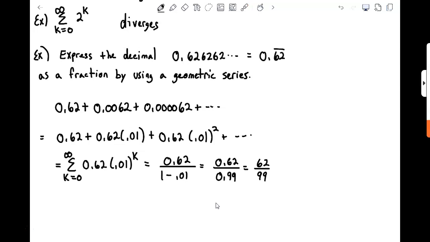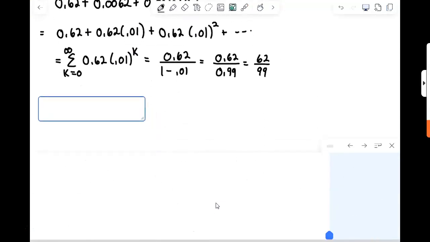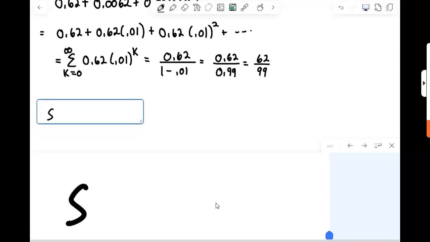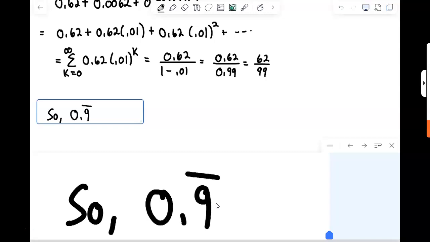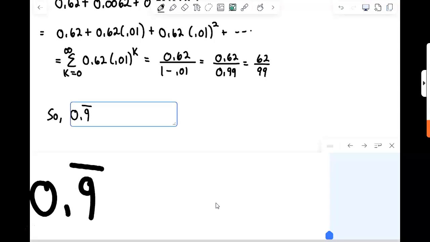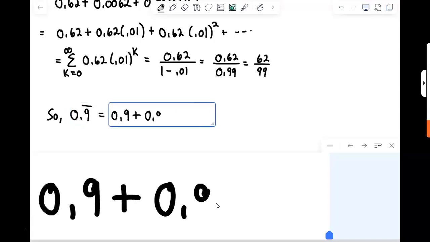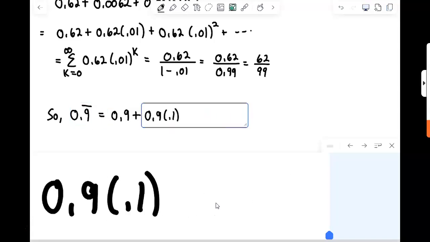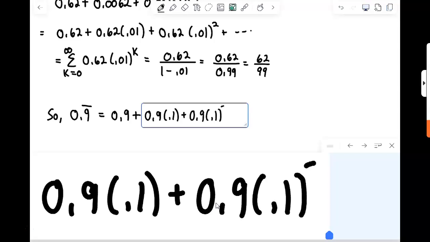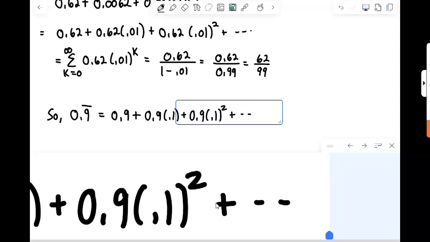Okay. Now, I want to show you one final thing, what this observation gives us. If you have the decimal 0.9 repeating, well, you could think of that as 0.9 plus 0.9 times 1/10 plus 0.9 times 1/10 squared, and so on.